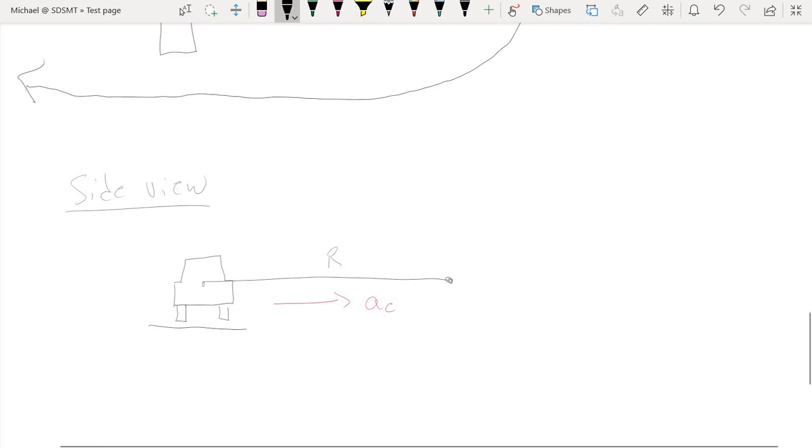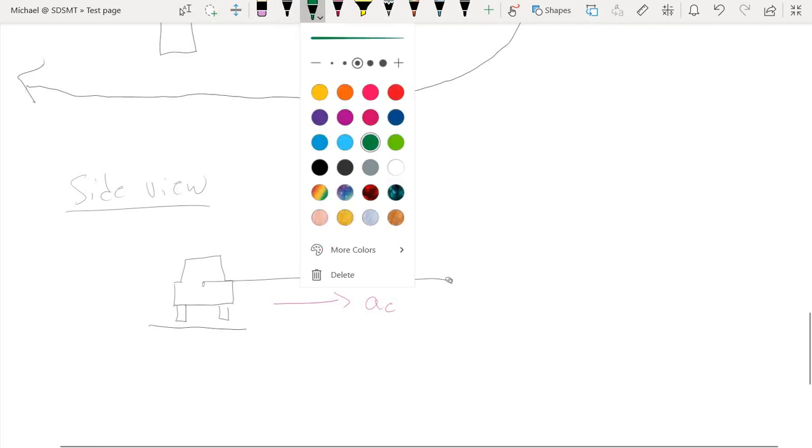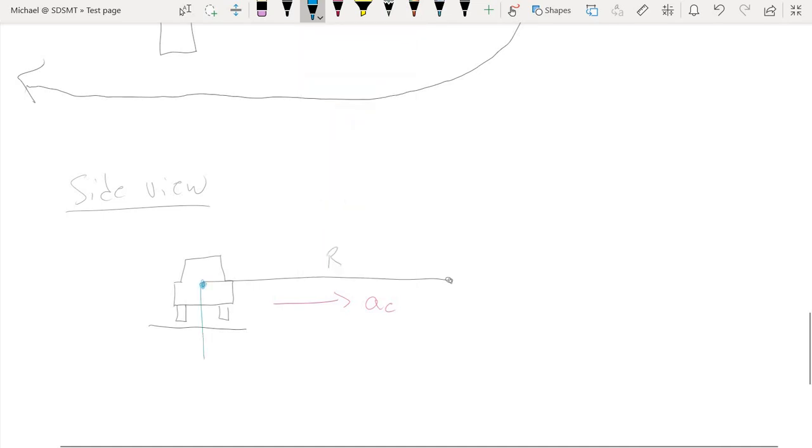So from the side view, we can see that, yeah, there is gravity, but which way is it pointing? It's pointing down towards the Earth. It's not pointing in the direction of the centripetal acceleration. So gravity is not the cause of your being able to take that exit. At the same time, because you have your weight pointing down, the weight of the car presses down on the road.